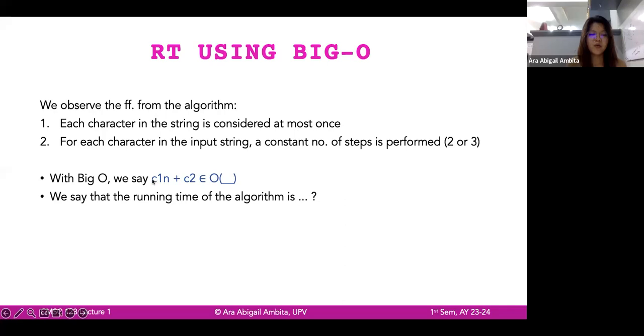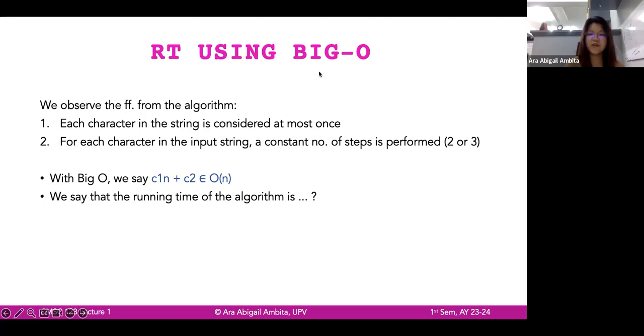Okay, so we can then say that we have a function C1n plus C2, wherein C1 and C2 are non-zero constants, which are contained in some function big O. But what function is it? O of what? We say that the running time of the algorithm is O of n.